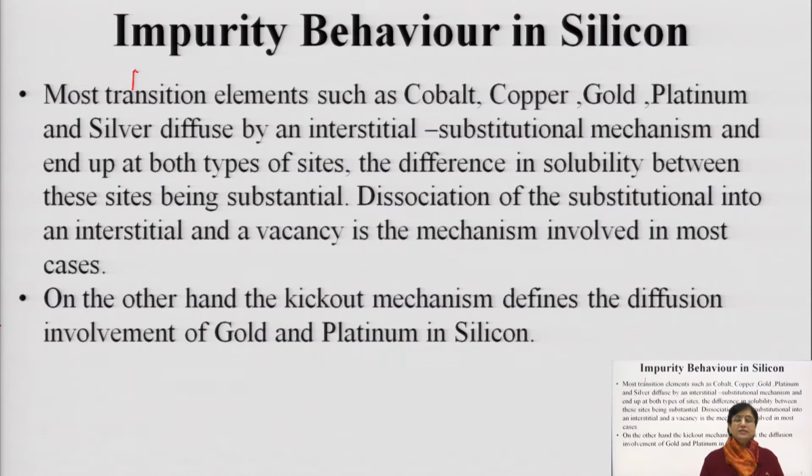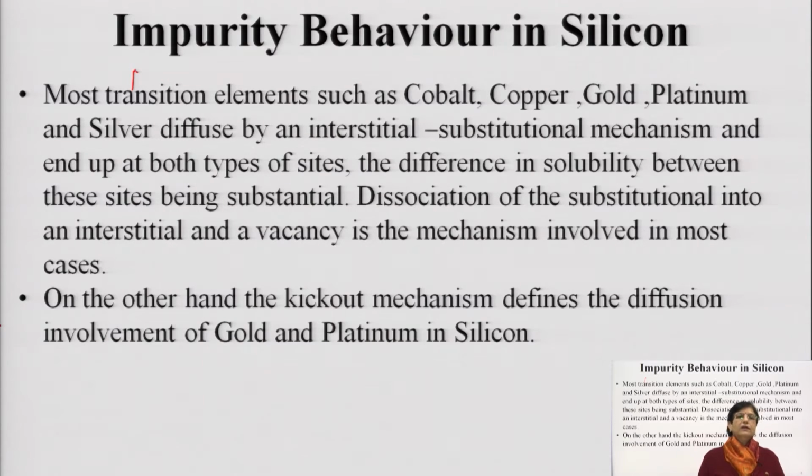Dissociation of substitutional into an interstitial or vacancy is the mechanism which is involved in most of these transition materials, and therefore, you have typically deep lying impurities or they can penetrate deeper into the bulk substrate or silicon, and they have specific applications related to their behavior.